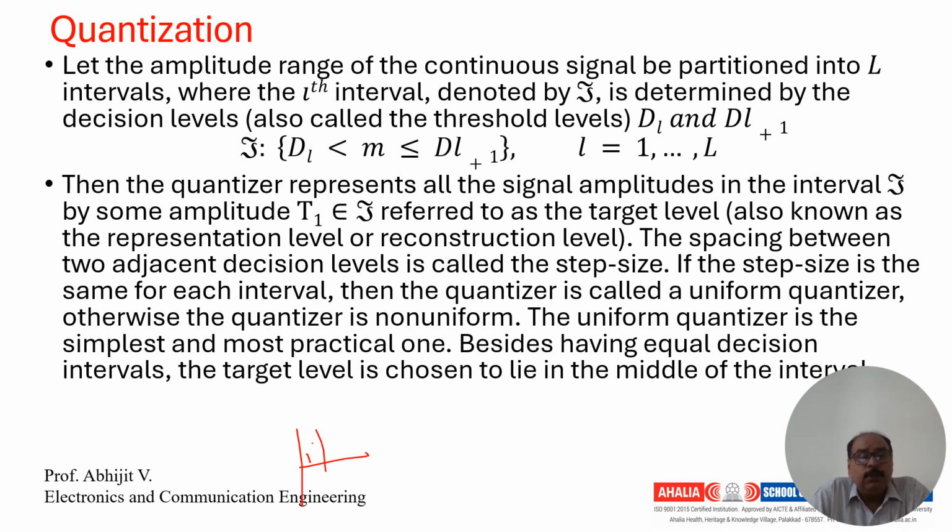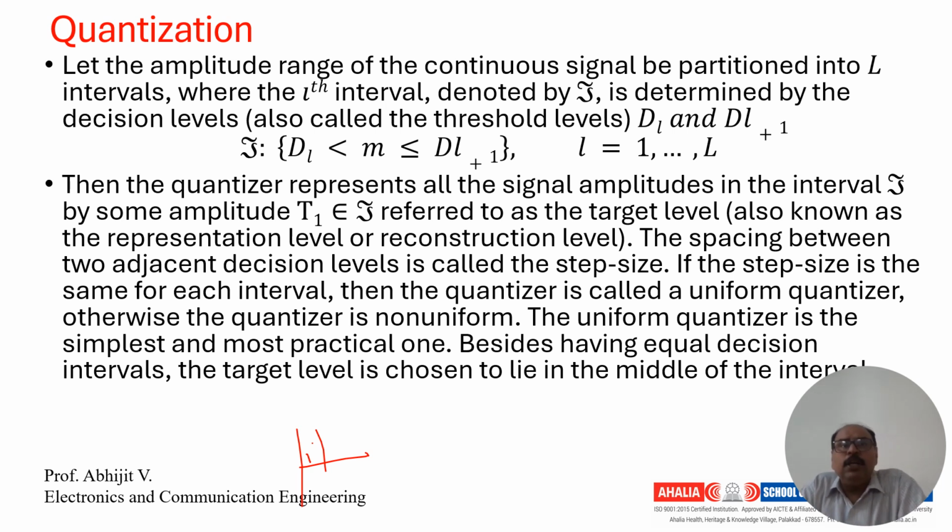So D_l lies between m and D_(l+1), where l is 1 to capital L. Then the quantizer represents all signal amplitudes in the same interval tau by some amplitude m_l, which is an element of tau.